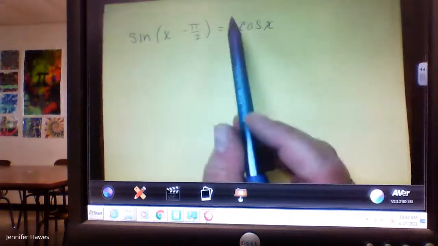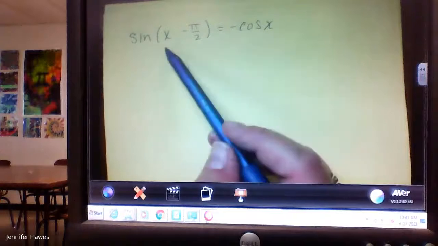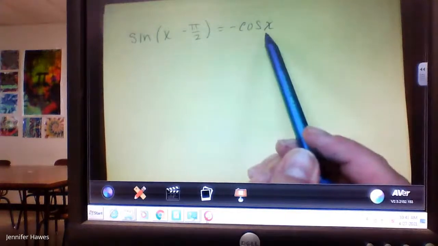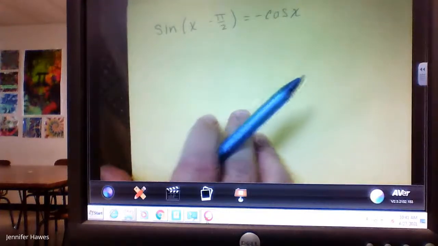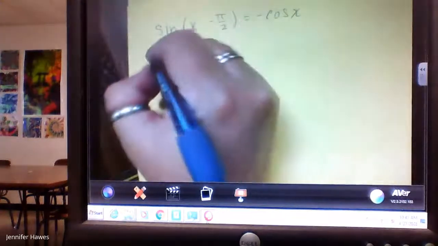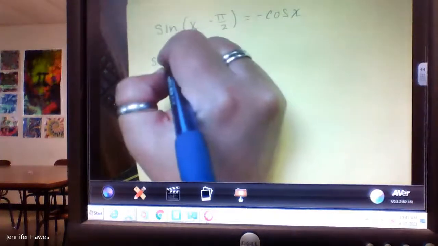Okay, so this is my more complicated side, and so I'm just trying to get this side to look like this. Okay, so if you go back to sine difference, it's one of the first things you wrote down. I can kind of expand this out.